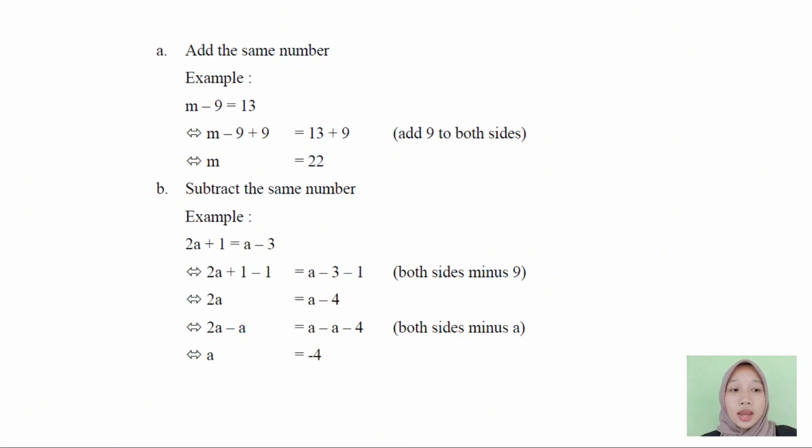Next, subtract a from both sides: 2a minus a equals a minus 4, becomes a equals minus 4.